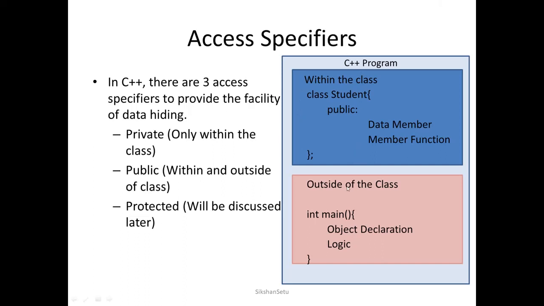The second part contains the definition of the main function, which is outside the class definition. So a C++ program is divided into two parts: the class definition and the main function.